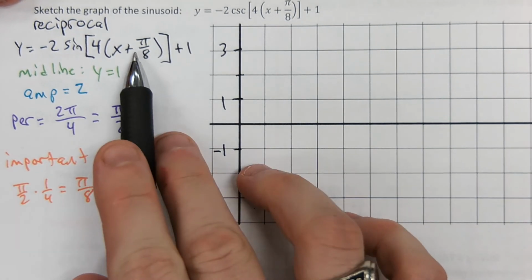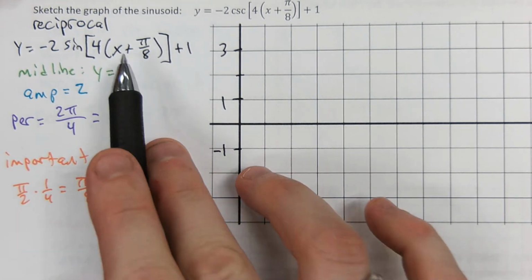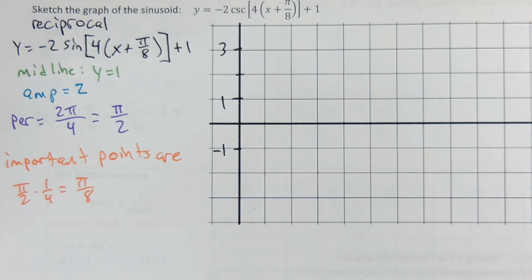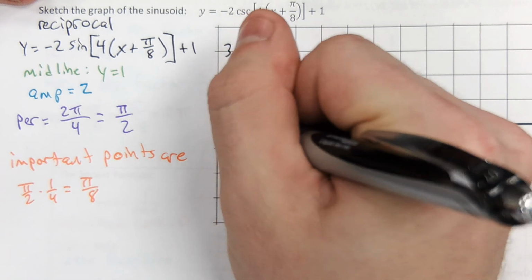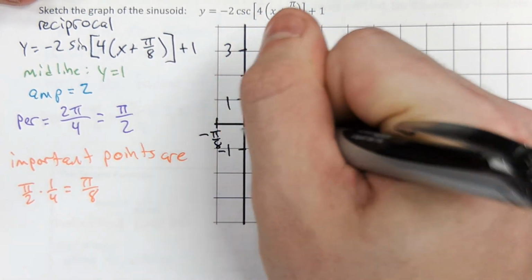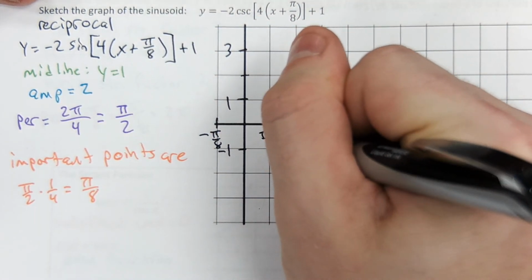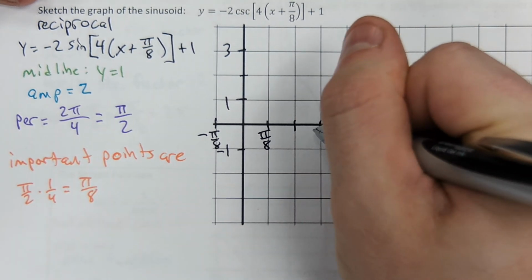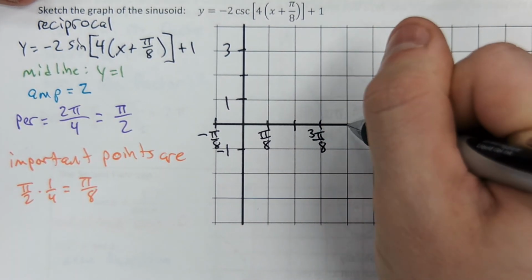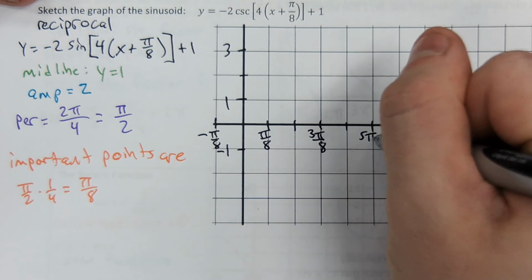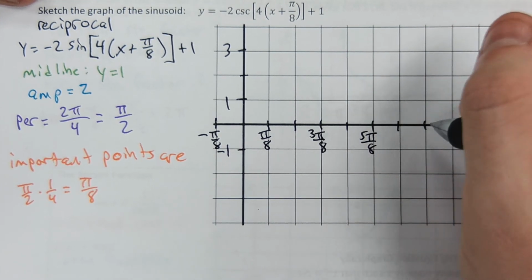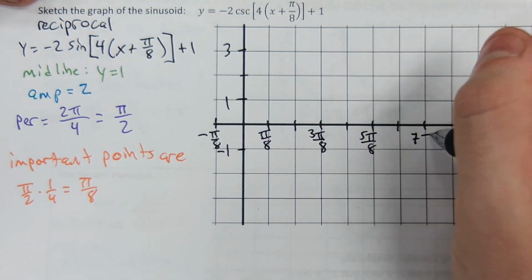And since I am going to start at negative pi over 8, I'm only going to do the odd ones just so I don't have to write super small, if you're okay with that. So we'll begin here at negative pi over 8. So this is 1 pi over 8, 2 pi over 8, 3 pi over 8, 4 pi over 8, 5 pi over 8, 6 pi over 8, 7 pi over 8.